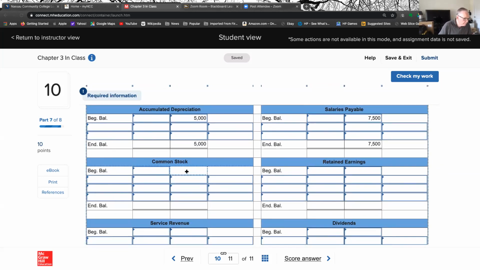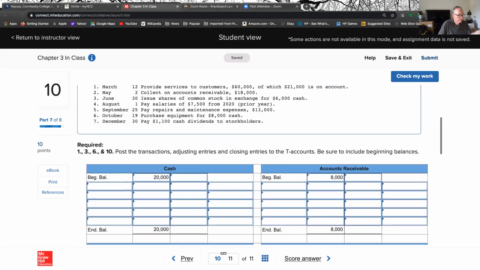Common stock has a credit balance, right? Common stock credit balance of 25,000. And retained earnings, a credit balance of 9,500, right? So those are all the numbers off the trial balance that they gave us at the beginning of the problem, right? Here.